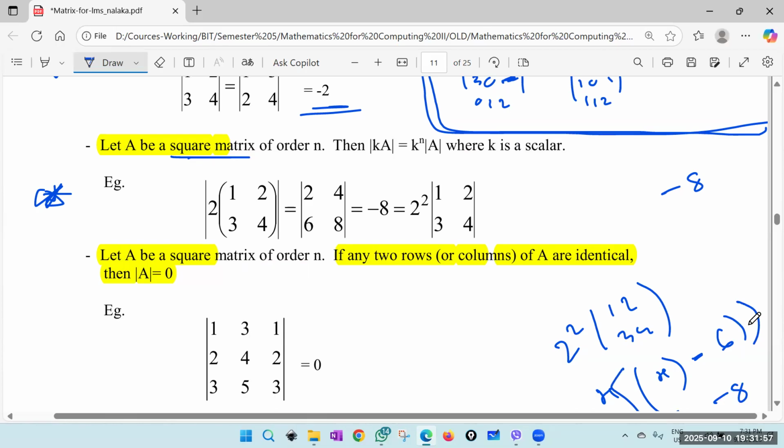You get the same answer. So either you multiply the matrix by that constant and find its determinant, or find the determinant of the original one and multiply it by that constant to the power n, if this is n by n. So again, you should be able to explain why.